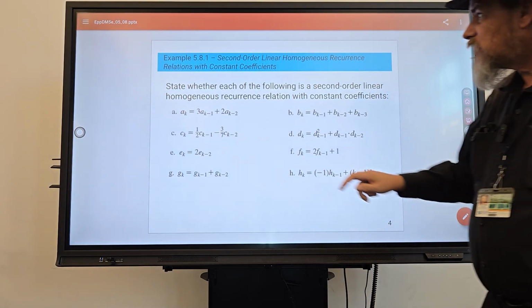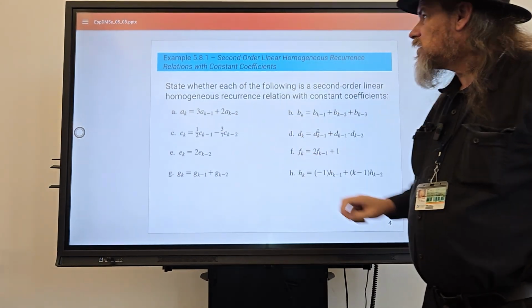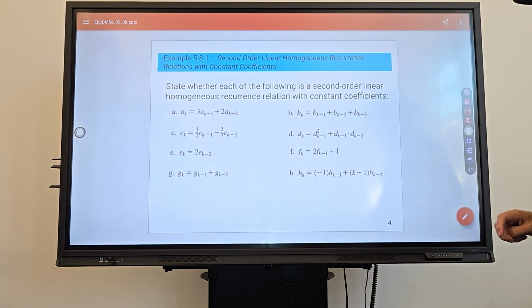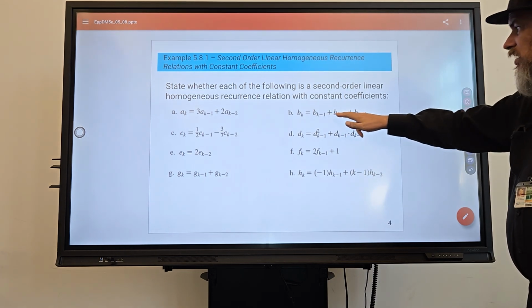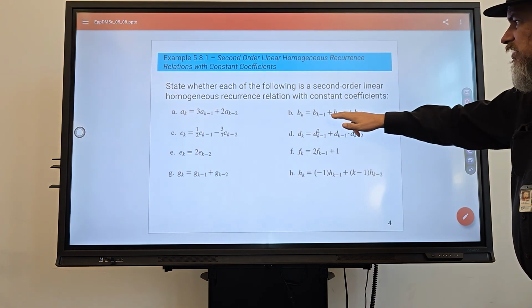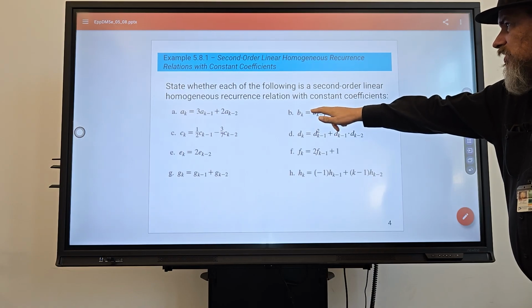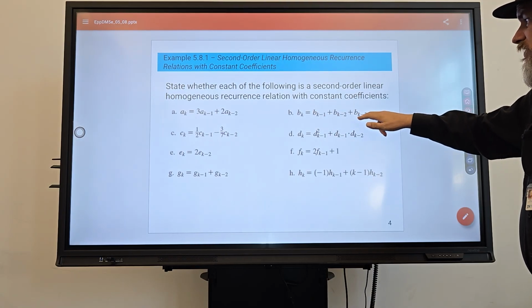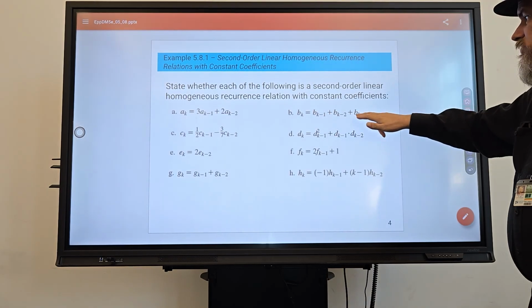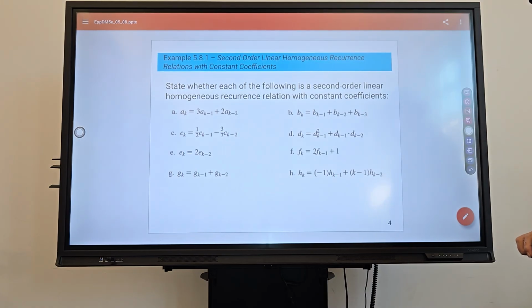So this is a second order linear relation. This has the constant coefficients being 1, but it's a third order because it has k minus 3.